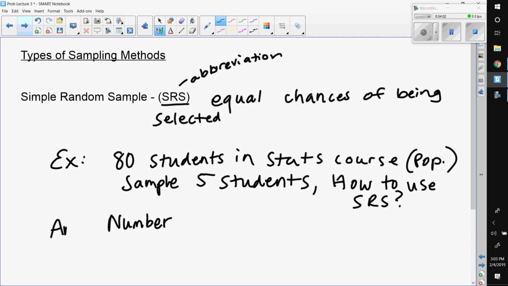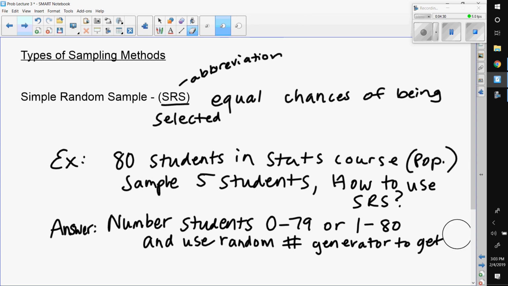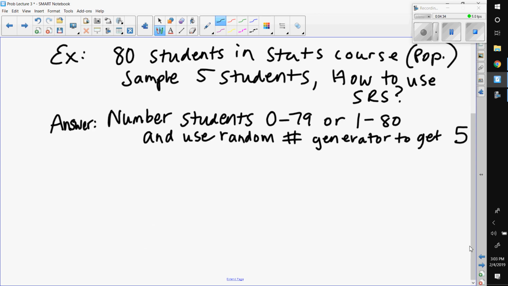So this is our answer: number students 0 to 79 or 1 to 80, and use a random number generator to get 5.